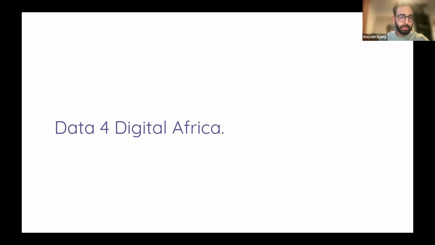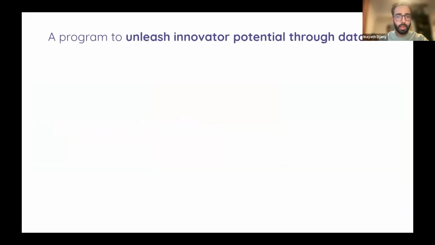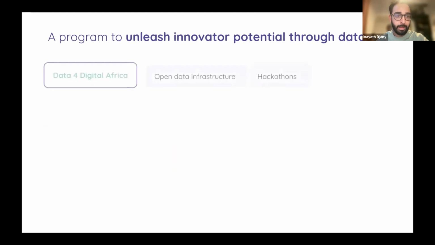I'm going to dive into the Data for Digital Africa project, which is where you can find the hackathons. The hackathon is a block, a pillar of this project, and I'm going to give you the macro view of it. Data for Digital Africa is basically an open data infrastructure that aims to make data accessible to African startups.